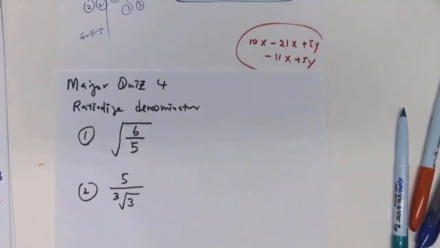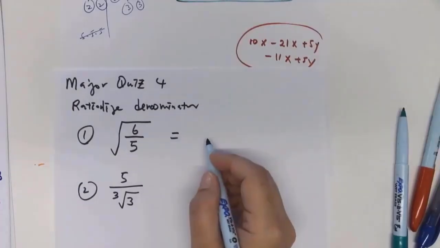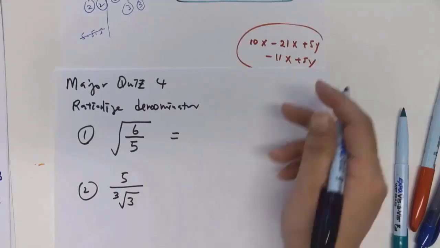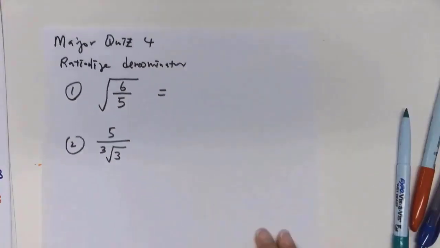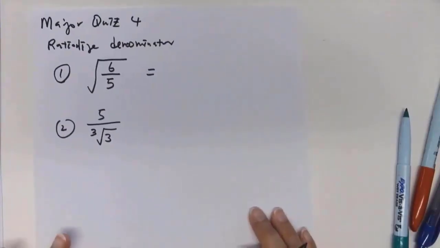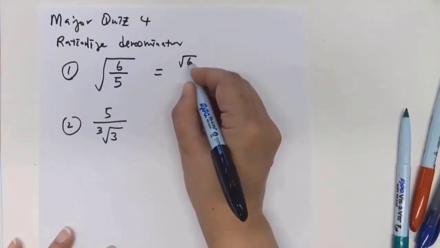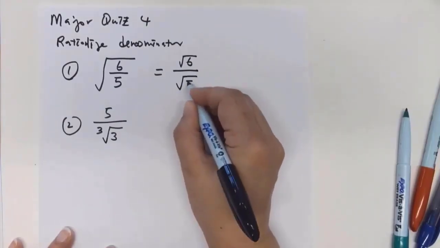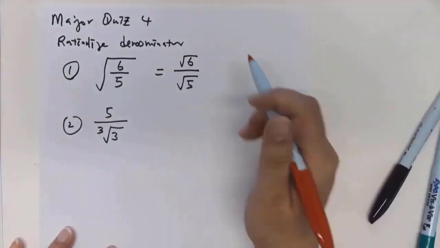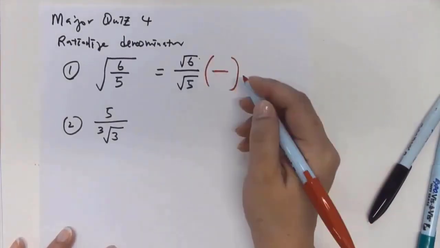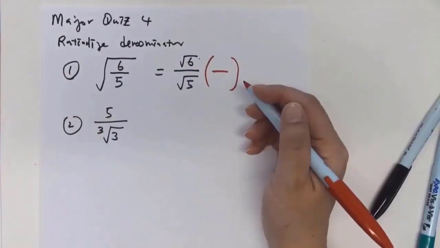How do I do the first one? What do I need to multiply? What does rationalize mean? You said multiply, right? What are we multiplying at the bottom?